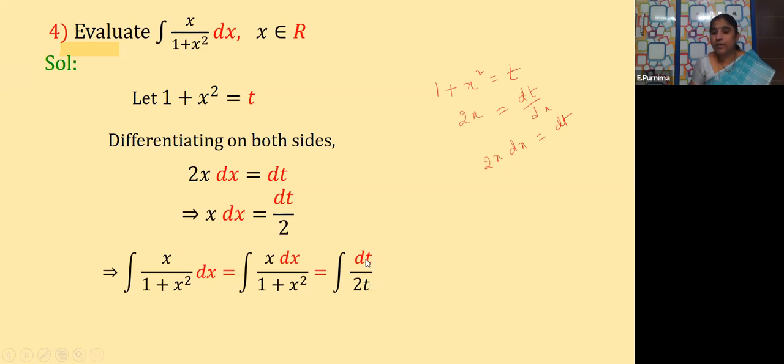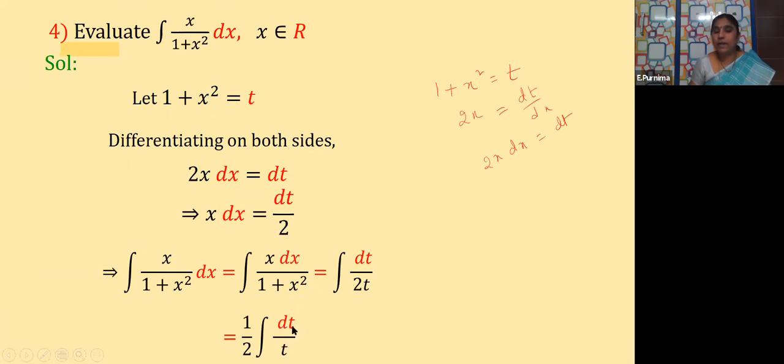How did we get this? By substituting one term, that is 1 plus x square, with another variable, differentiating it, and reducing it to a simple function where you have a direct formula. So here 1 by 2 is a constant which is written outside, into 1 by t into dt.